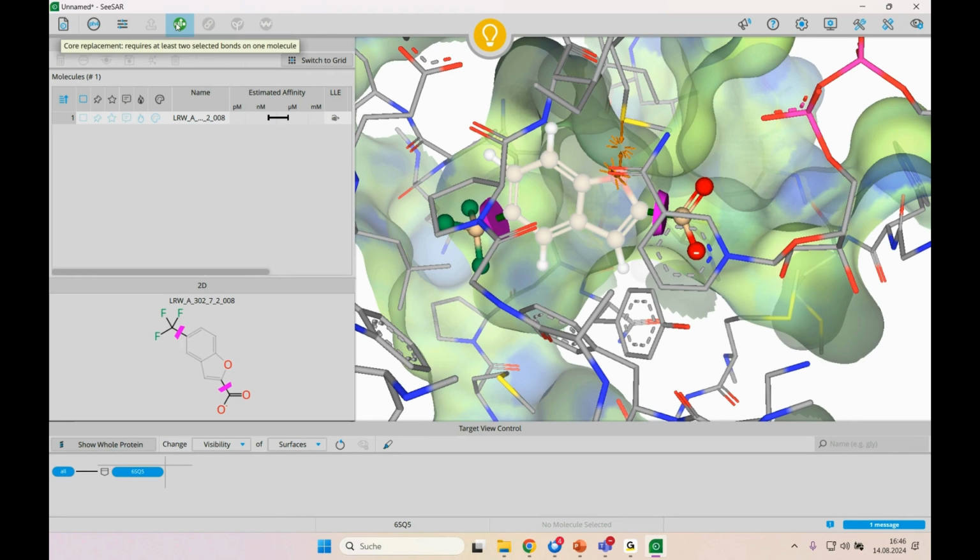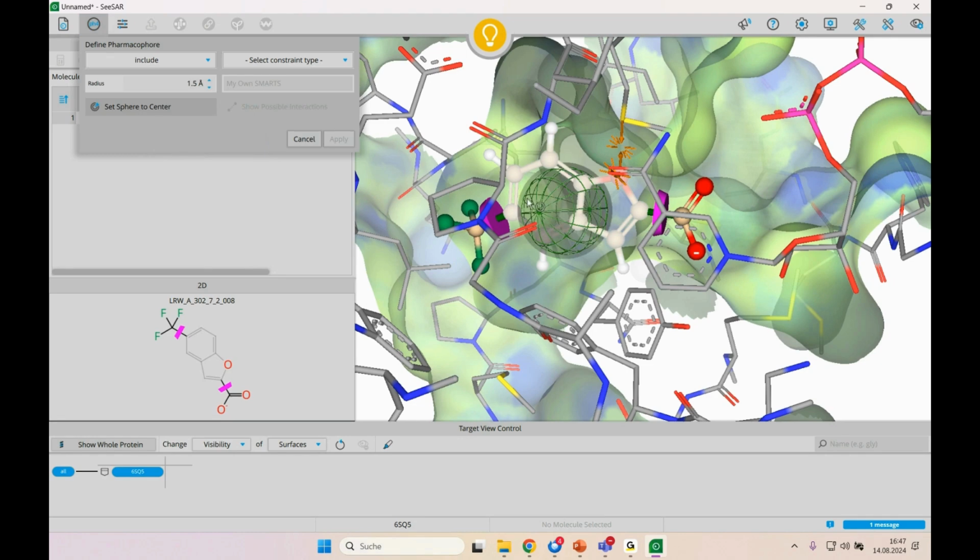So I now use my core replacement, so ReCore. I will keep my fluoromethyl group here and keep the carboxylic acid and see if I can find something in this area. Based on the mesomeric effect here, I would like to have something that is also aromatic here. So I don't want any aliphatic atoms in this area, or at least I would like it to have some aromatic ones.